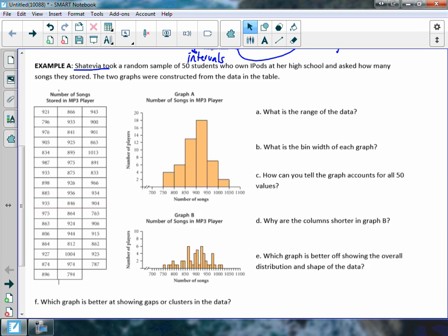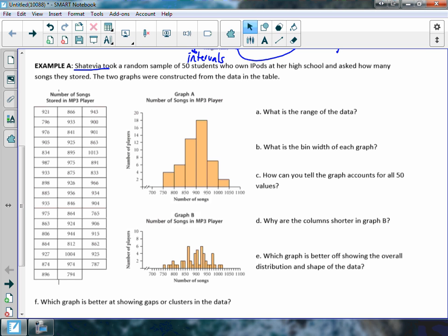The two graphs were constructed from the data table. So, ladies and gentlemen, number of songs is numerical, so therefore we can use a histogram representation to answer several different questions. So, for instance, what is the range of the data?